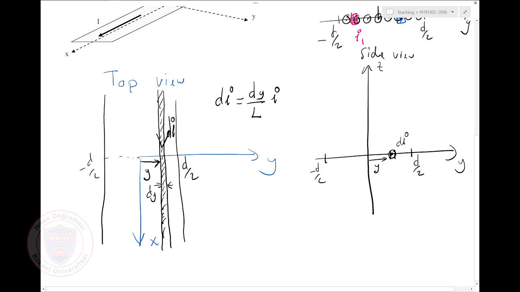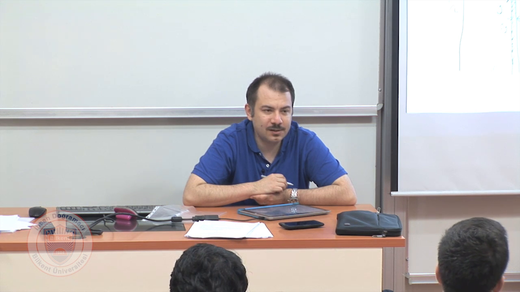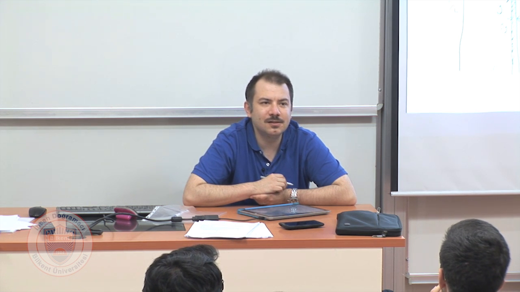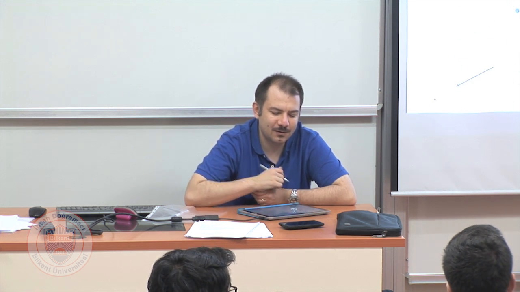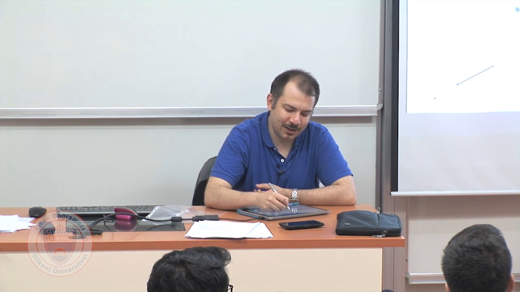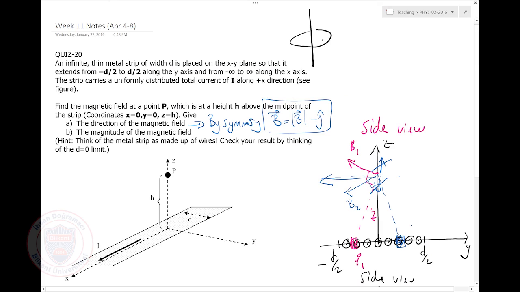But I need one more piece of information. If I have a wire here, what's the magnetic field created by this single wire? Let's try to remember that. Maybe I'll do it before everything, right? What is the magnetic field created by a single wire carrying a current I at a distance r? That's a very easy question because we can use Ampere's law to calculate it.